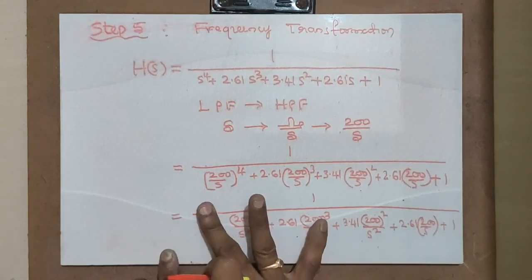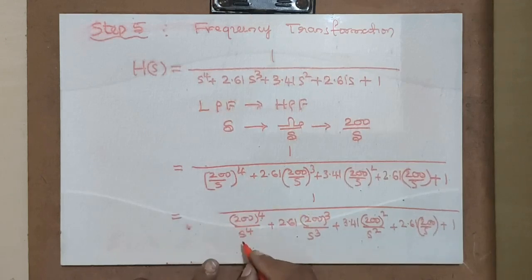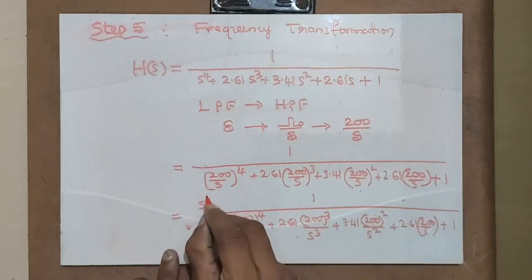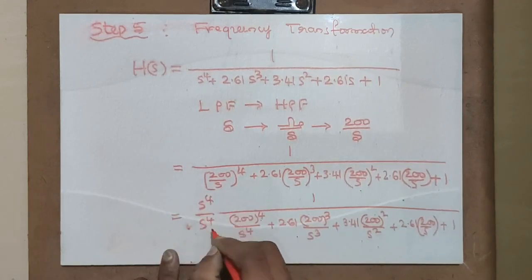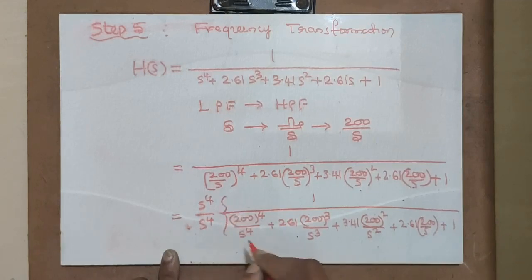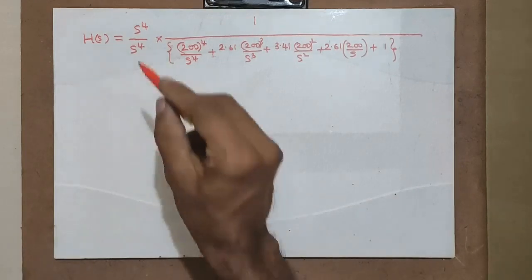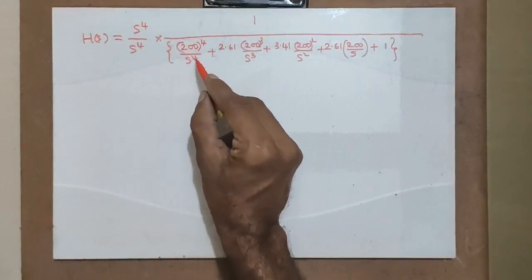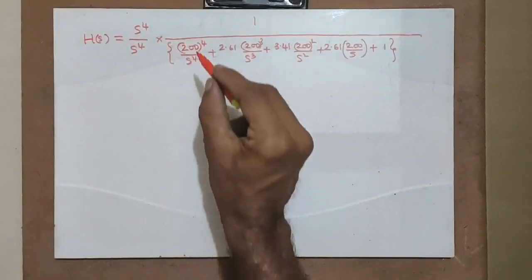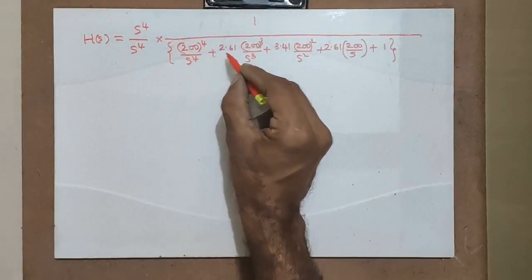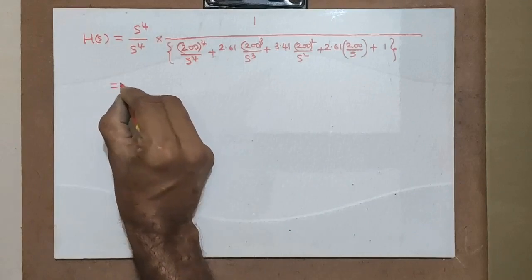Now what do you do? Multiply both numerator and denominator by S raised to 4. When you multiply by S raised to 4, I have written the equation here. You can see S raised to 4 divided by S raised to 4 in the denominator is expanded here, 200 raised to 4 divided by S raised to 4 like this.